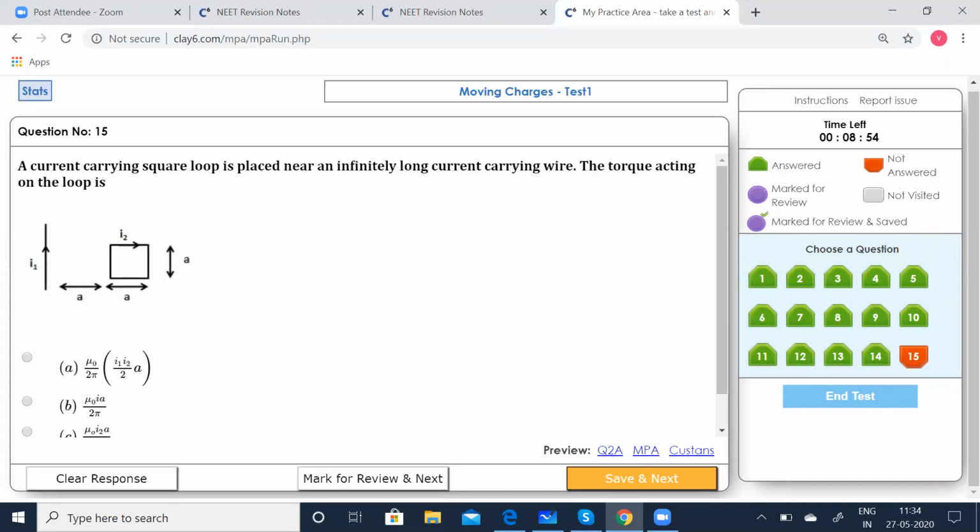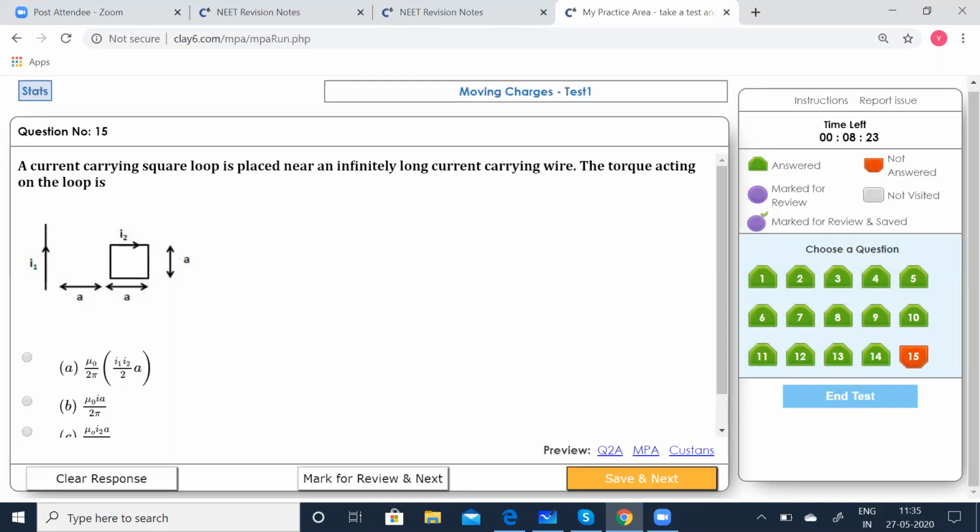A current carrying square loop is placed near an infinitely long current carrying wire. The torque acting on the loop is what? The forces acting on the limbs of the square are due to this current I1.